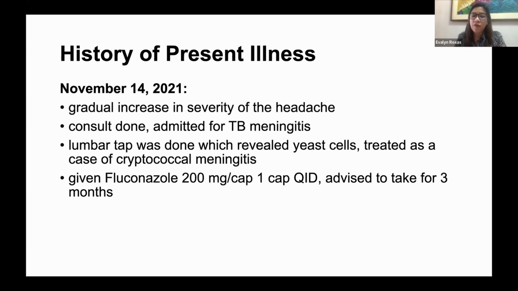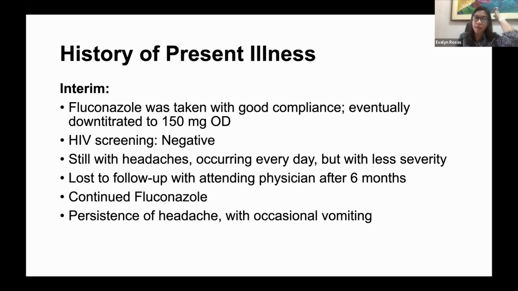He was given fluconazole at 200 milligrams, 4 times a day, and advised to take this for several months. In the interim, fluconazole was taken with good compliance and eventually down-titrated to 150 milligrams once a day. His initial HIV screening was negative, but he was still noted with headache occurring every day but with less severity.